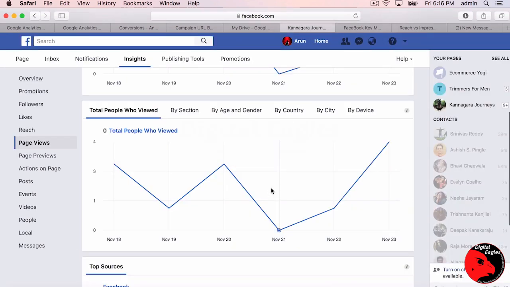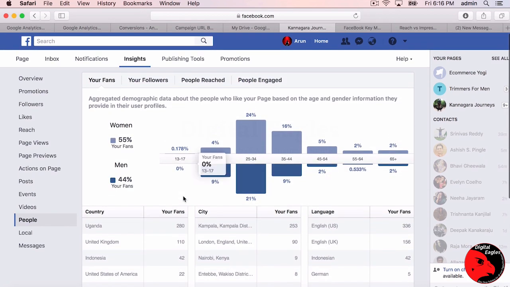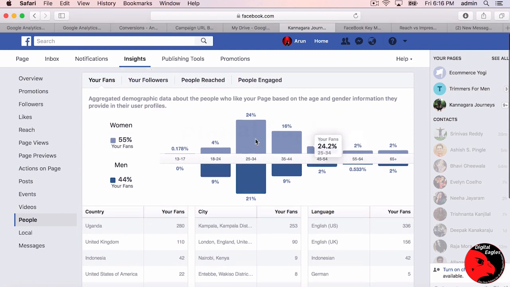So here we are again, and we can always go to people and see. This is another important tab which you should check out, because these demographics should match with the demographics of your business prospects.